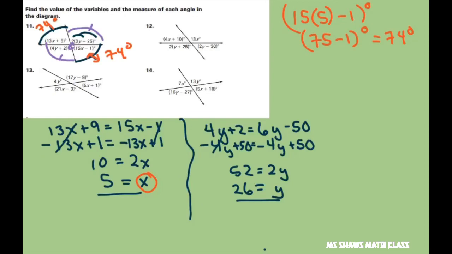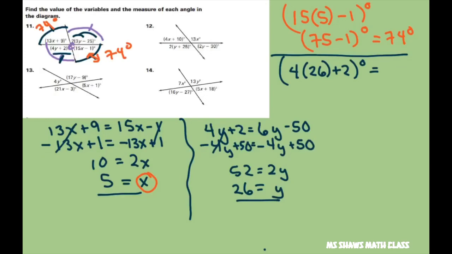All right, and then for the y, we have 26. So we're going to plug 26 into one of these. I'll plug it in to this one. So 4 times 26 plus 2 degrees. So 4 times 26 is 104, I believe.